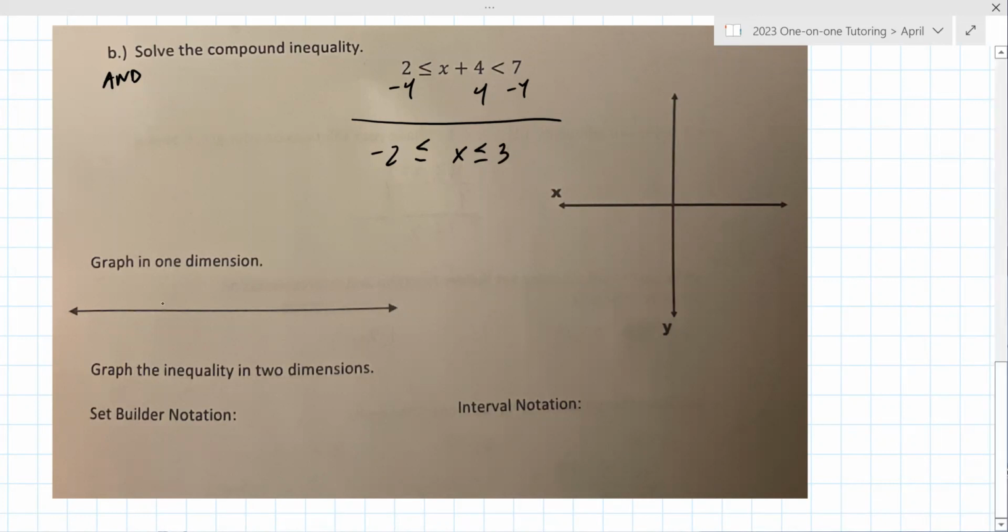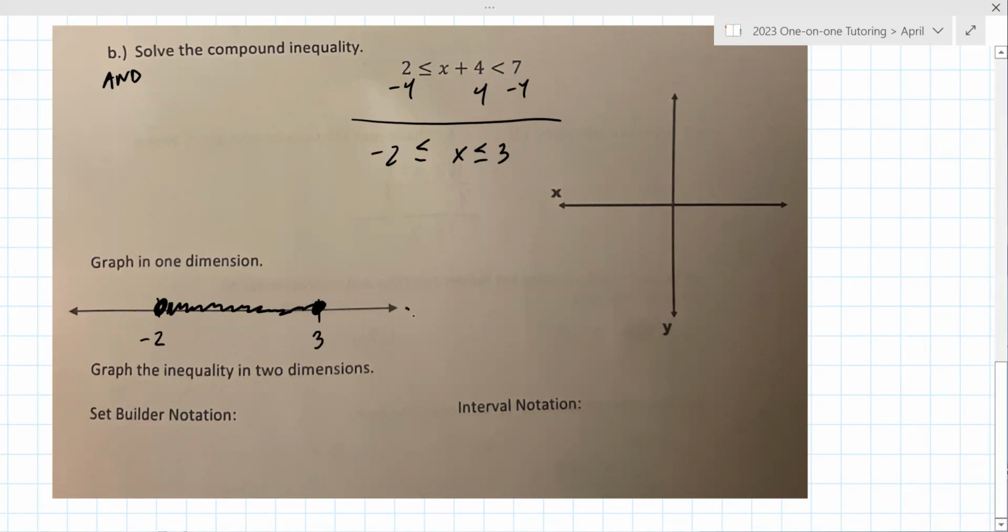Do you have it? So yeah, it's a closed circle from -2 and 3, and it goes between, and it's a closed circle for both. Yes, and make that really clear on your graph. Don't leave any question unless you're really unsure. But you've got it down.